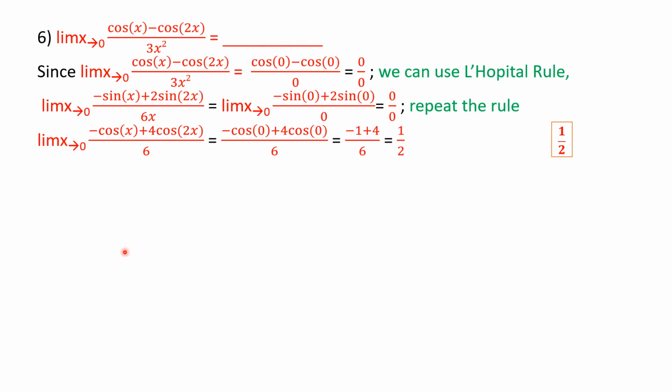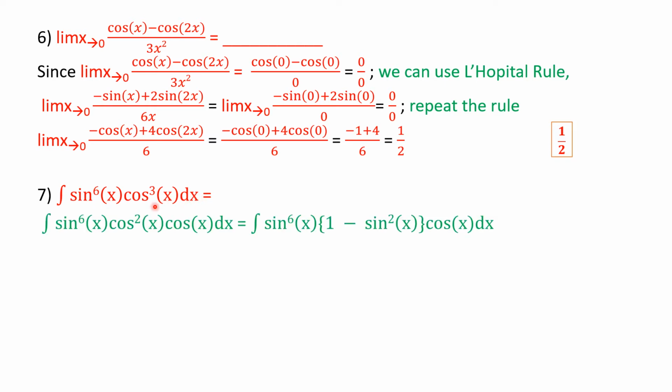The next question is as follows: the integral of sine to the power 6 of x multiplied by cosine to the power 3 of x dx. For this integration, we're going to keep sine to the power 6 of x, and then split cosine to the power 3 of x into cosine squared of x multiplied by cosine x dx.